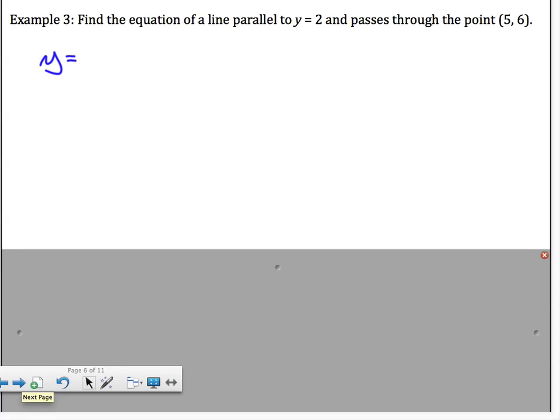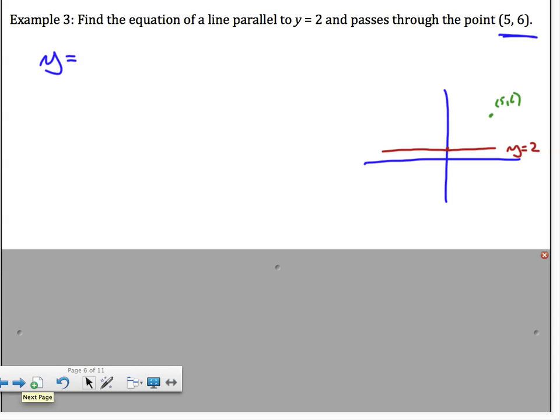So we don't have the x. Well, where is it going to be passing through the y-intercept? It's going to pass through this point, 5, 6, right? So where's our y-intercept going to be? So we visually graph this. Here we have y is equal to 2. We have a point up here, 5, 6, might be something like that.